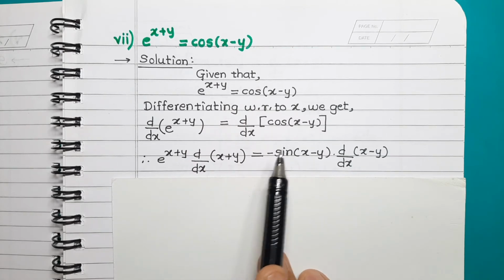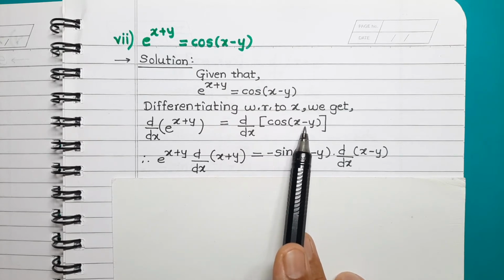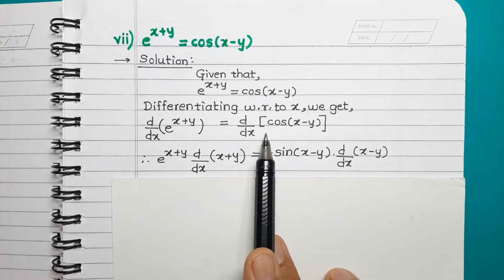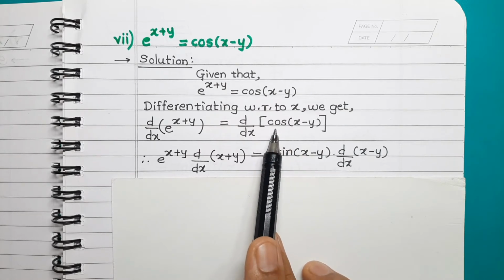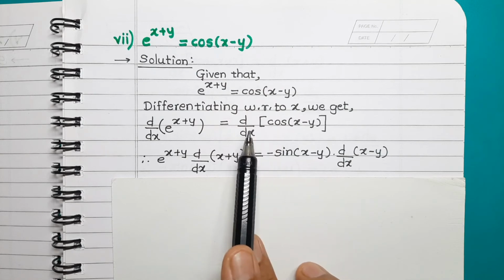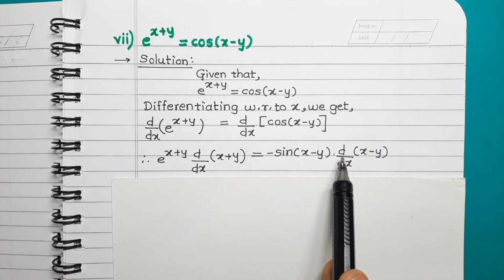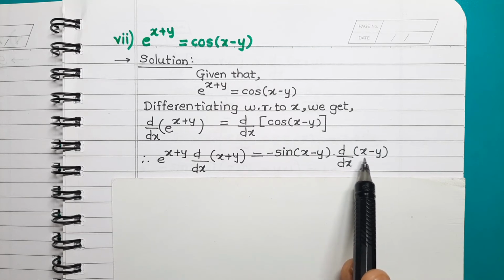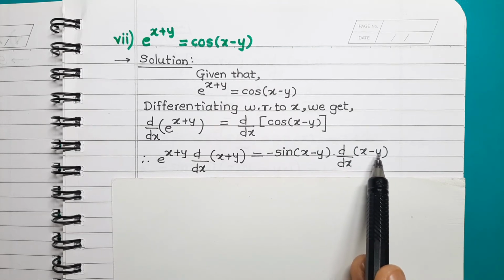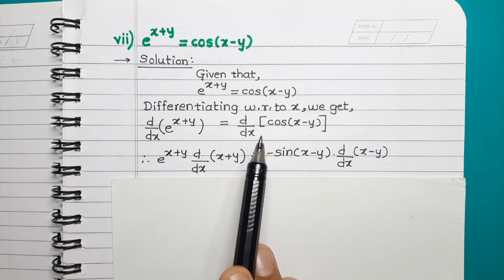Okay, is equal to, now on RHS we have function cos of x minus y to differentiate. So let's treat it as cos of something. So its derivative is minus sine of something into derivative of something, which is function x minus y. Here we have used standard derivative for cos x.